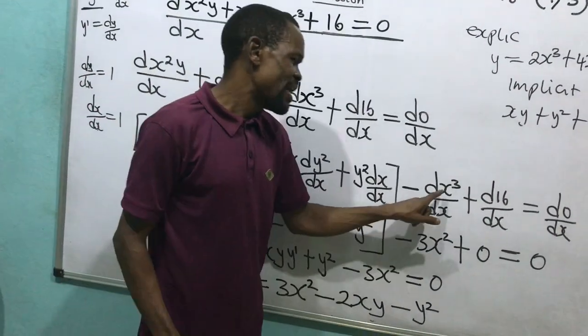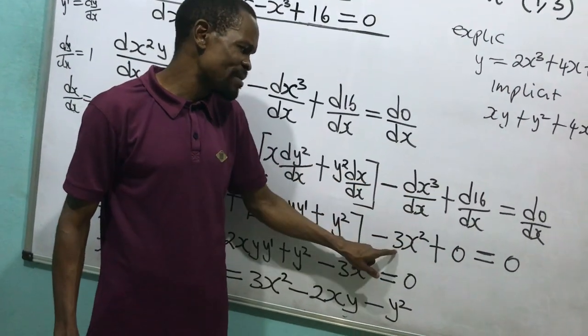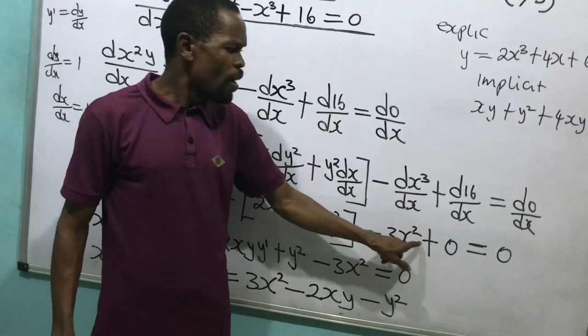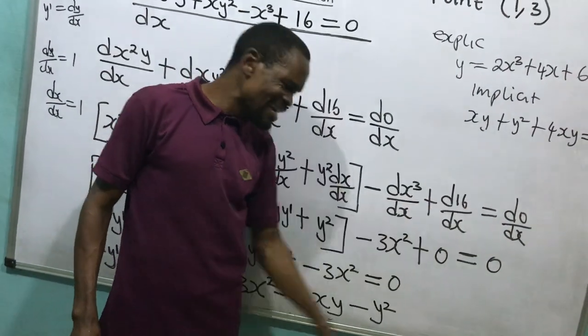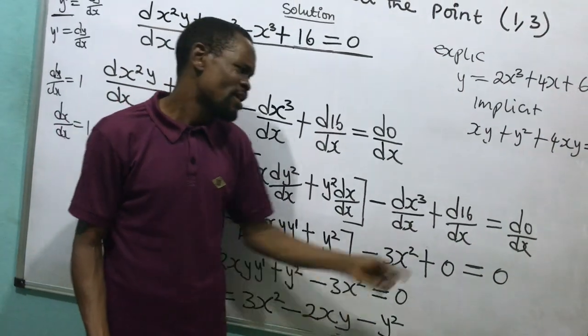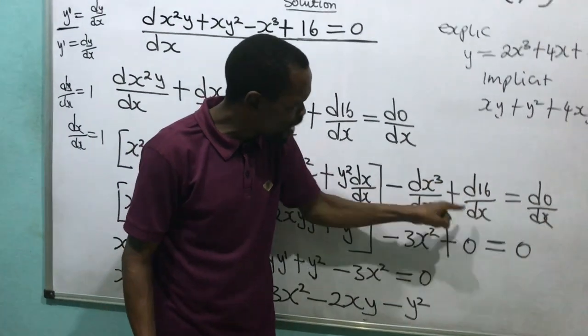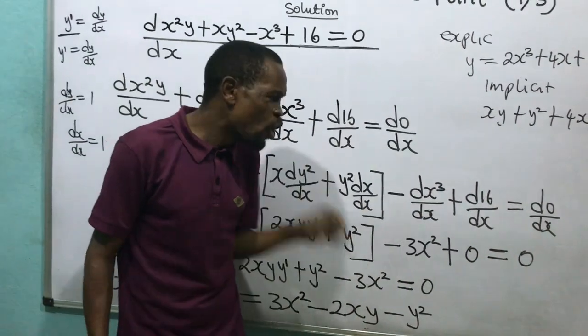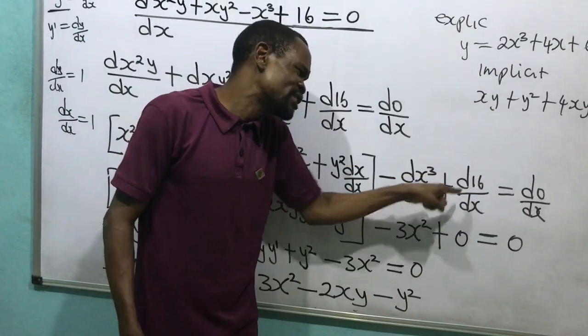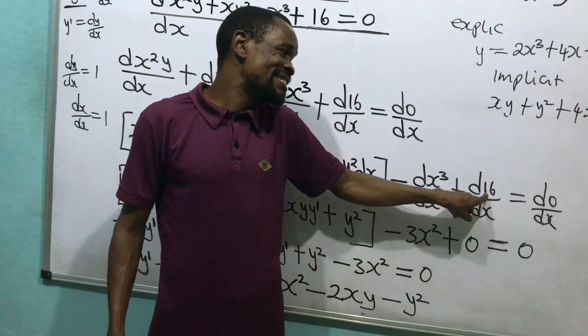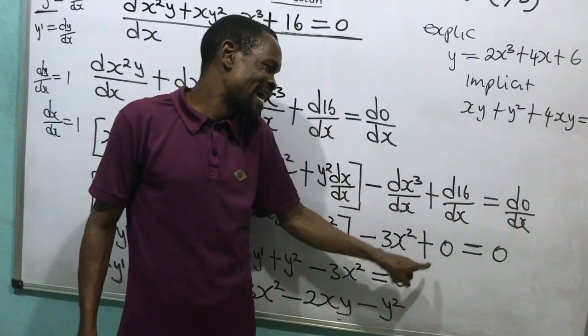I come over here. Differentiating x raised to the power 3 will give me 3x raised to the power 2, minus differentiating 16. It does not contain x, because this war is against x. Any term that contains x will survive the war. The war is done on x, that means I'm differentiating in respect to x, and this 16 does not contain x. Therefore, the answer becomes 0.